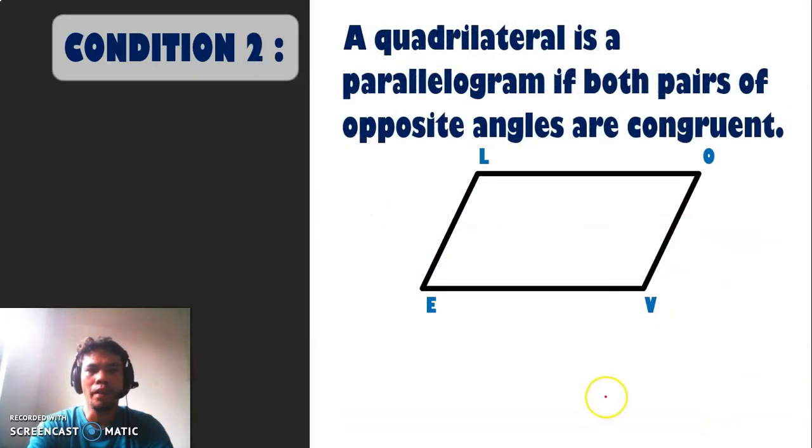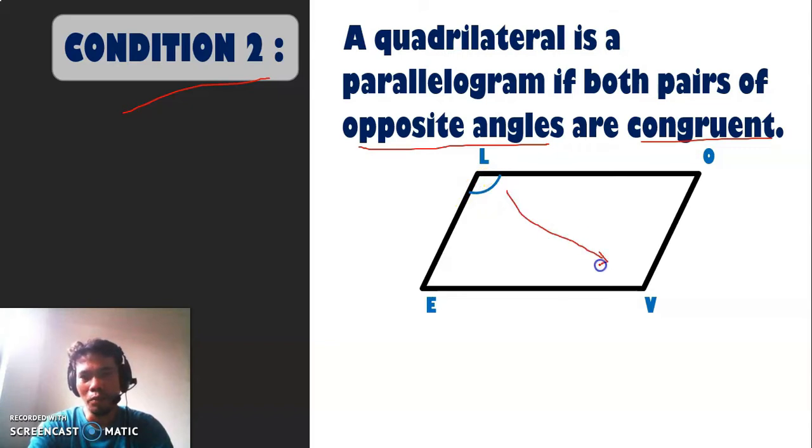Condition number 2 states that a quadrilateral is a parallelogram if both pairs of opposite angles are congruent. Now with the same figure, we have quadrilateral LOVE. Since this condition refers to opposite angles being congruent, we have angle L, which is opposite to angle V. So angle L and angle V are congruent.